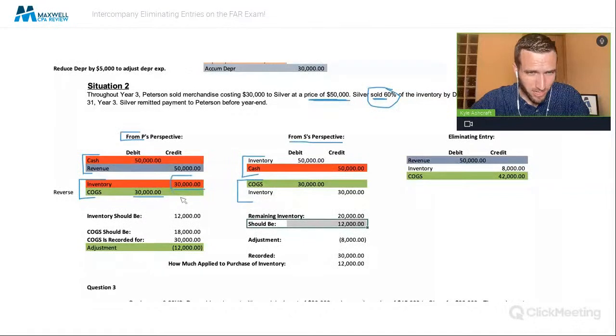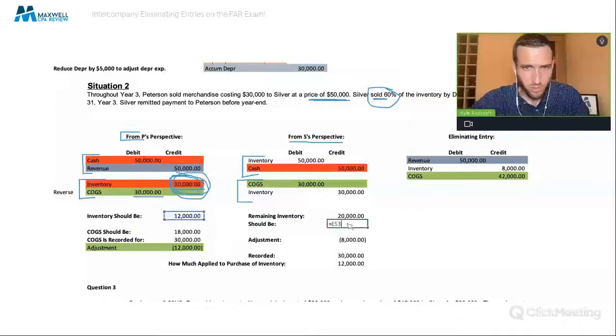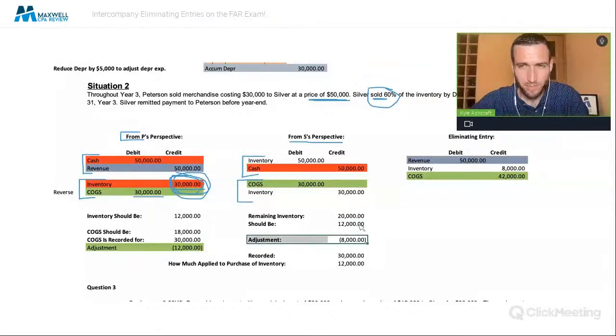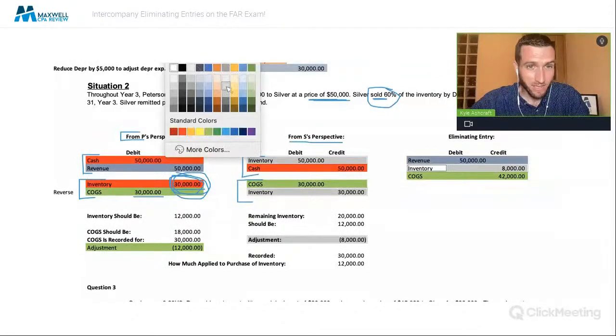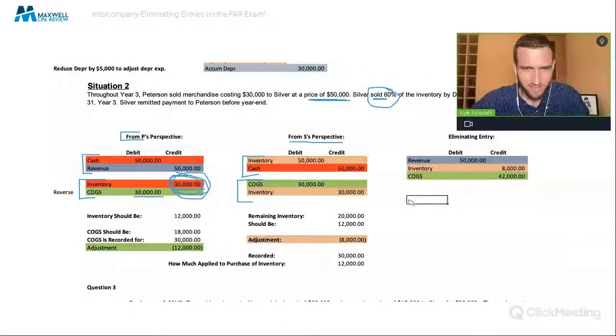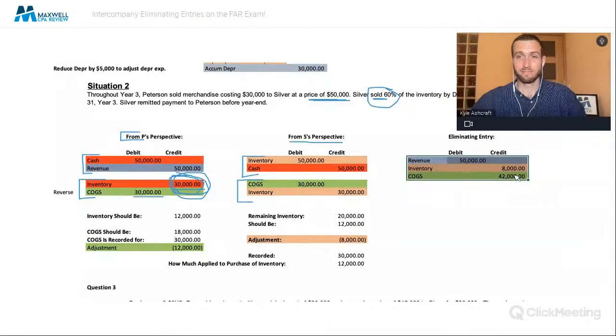So they should have 40% of this initial amount remaining in inventory. So it should be 12,000. So it is 20,000. It should be 12,000. We need to decrease it by 8,000. So that's where we get this credit of 8,000. And that is our full eliminating entry.